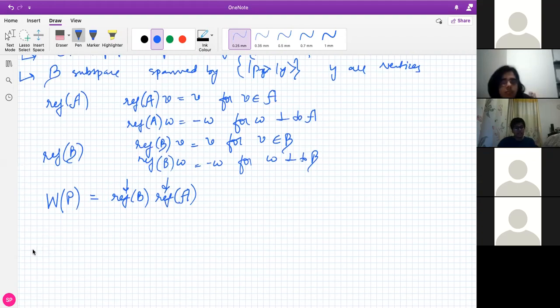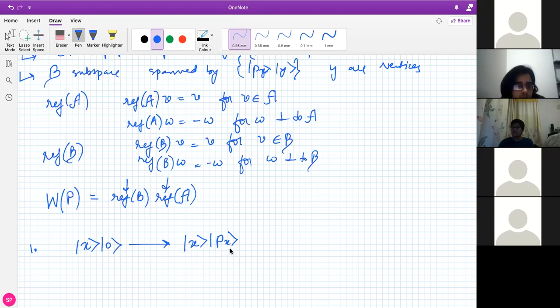Now look at, for once, consider this operation. We start with the vertex. We start with initial 0 state, and we get x and p of x. Okay. Now this you can implement classically also, right? You're only getting basically information of all the neighbors.